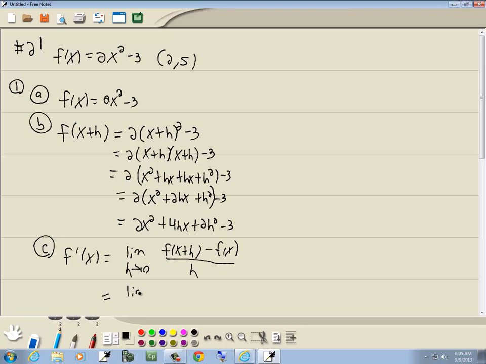We got the limit as h goes to 0. f of x plus h we said was 2x squared plus 4hx plus 2h squared minus 3, minus f of x, which was 2x squared minus 3, all over h.